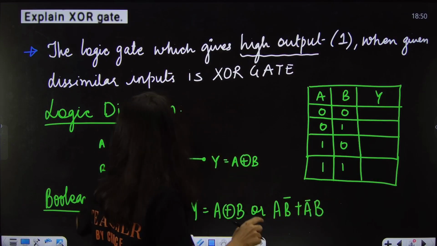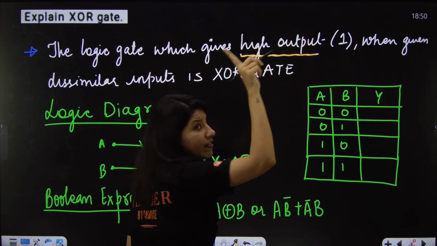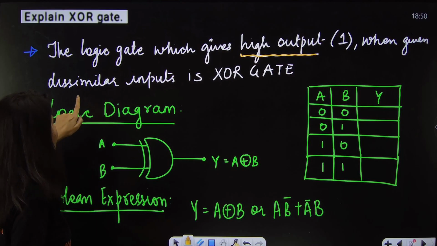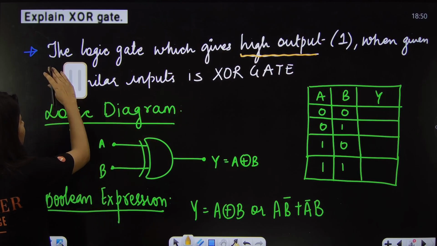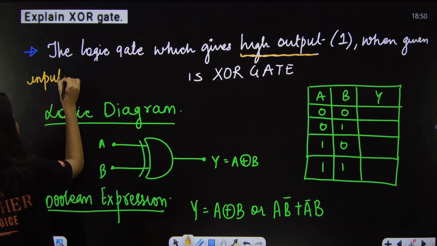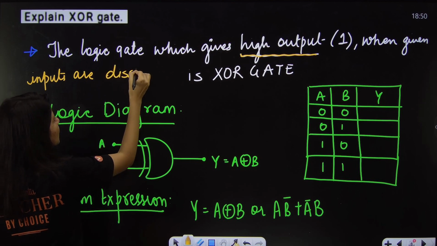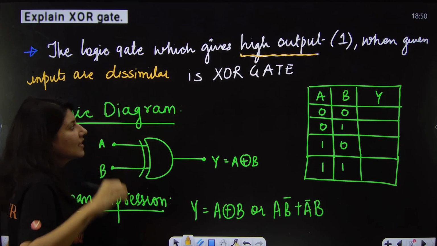The logic gate will give high output, that is, it will give 1 when the given inputs are dissimilar. That is called an XOR gate.